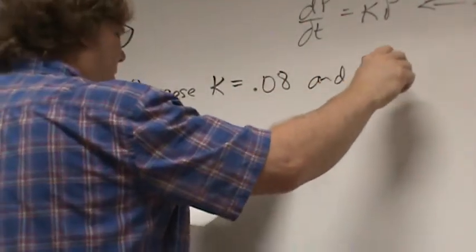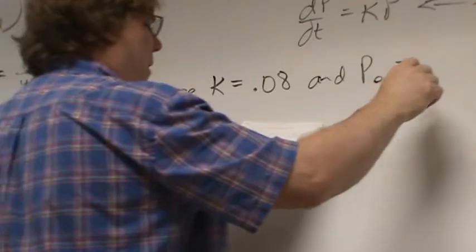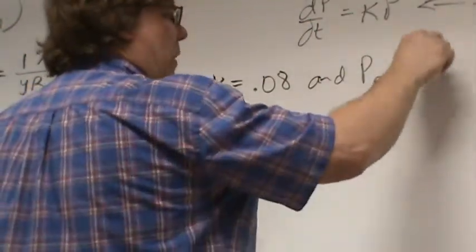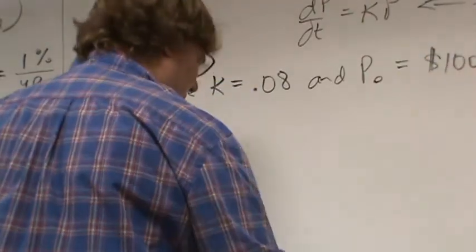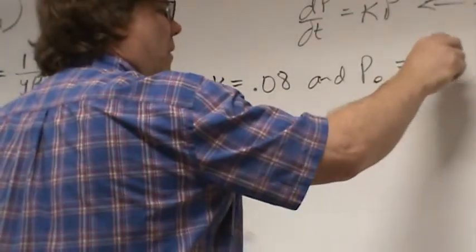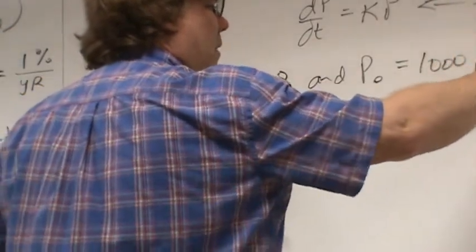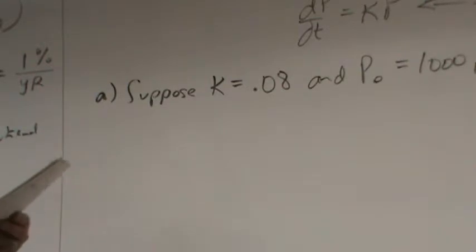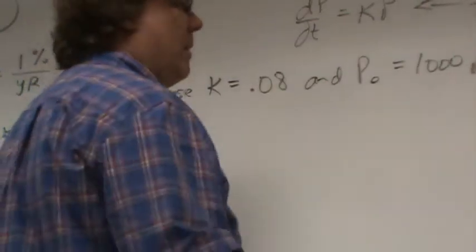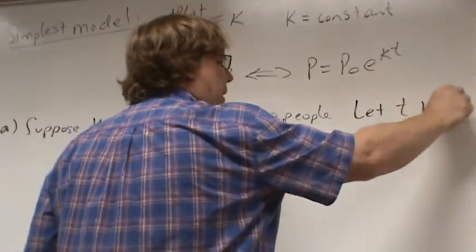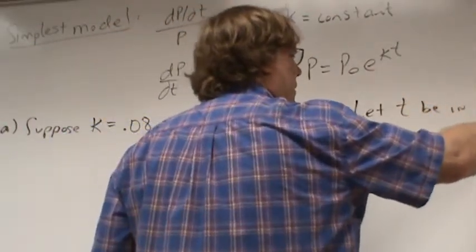And P naught equals, let's say, 1,000 people. So I'm starting off with 1,000 people. Let t be in years.